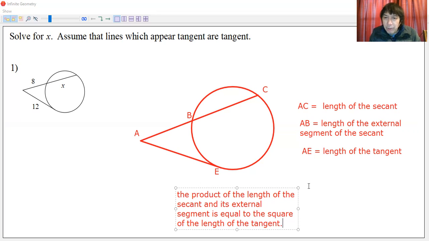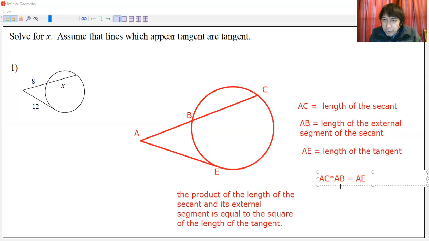In a formula, it will be AC times AB is equal to AE squared.